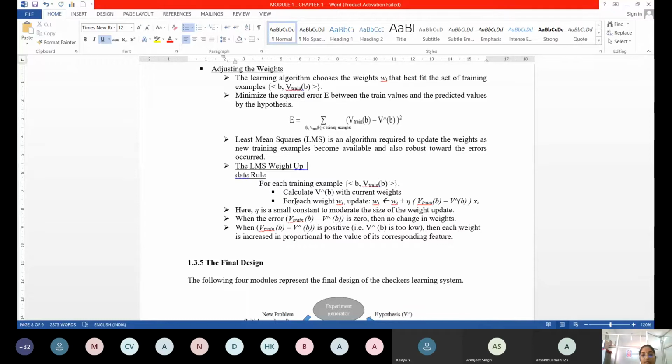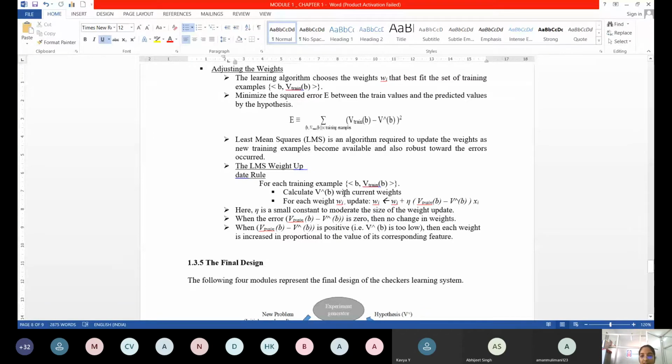So my training example changes, weights will be updated. I have to correlate the weights along with the training examples again. Now I need to calculate V cap of B with the current weights. What is the weight I have with me? I need to calculate V cap of B. Later it will be updated.